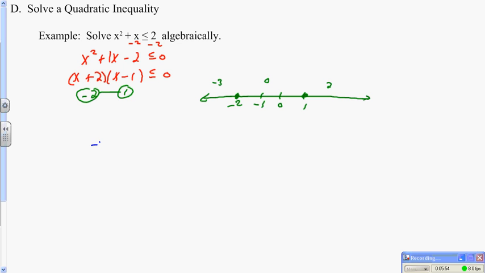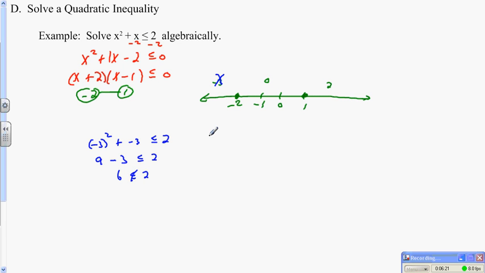So -3 squared plus -3. I'm going to go right to the original inequality here. 9 minus 3. So is 6 less than or equal to 2? No, that is false. So it's not going to be in that area.